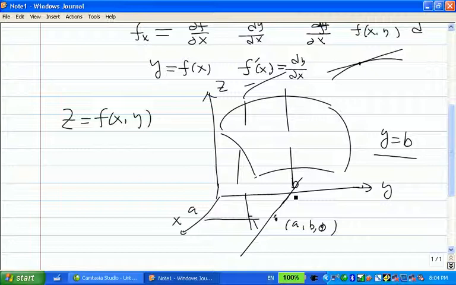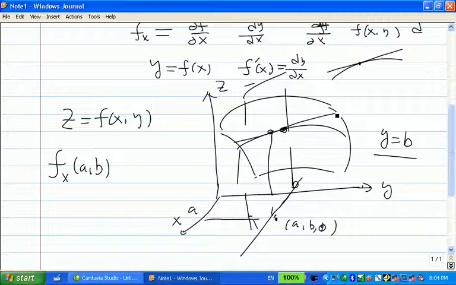So we have a surface and a plane, and their intersection gives you a curve. So partial f with respect to x at (a, b) gives you the slope of the tangent of that curve.